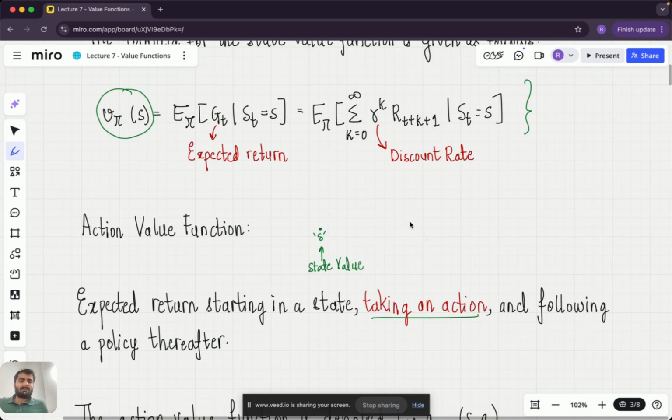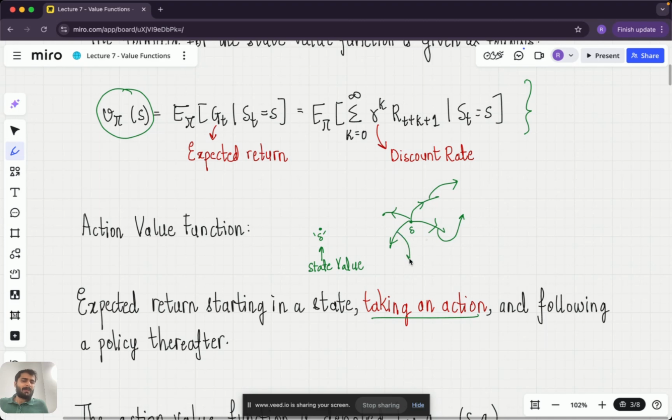And now let's say from this state s, you have multiple actions that you can take, right? And all of these actions are going to have a different value of the expected return for their path. For example, if I follow this path, I will have an expected return. If I follow this path, I will have another expected return.